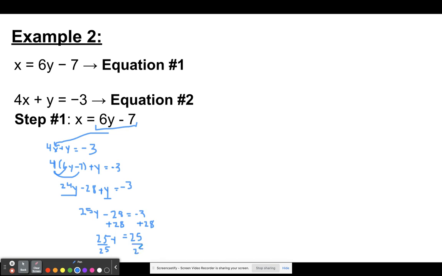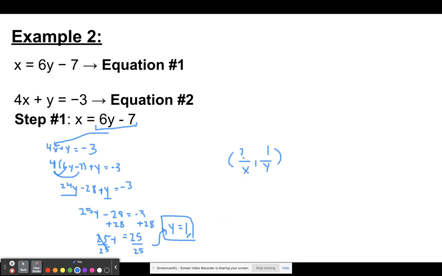By dividing both sides by 25, the 25s cancel each other out, and I'm left with y is equal to 25 divided by 25 is 1. So again, for my coordinates, I need to know my x and my y. Right now, I've just solved for my y. I know y equals 1. I still don't know quite yet what x equals.